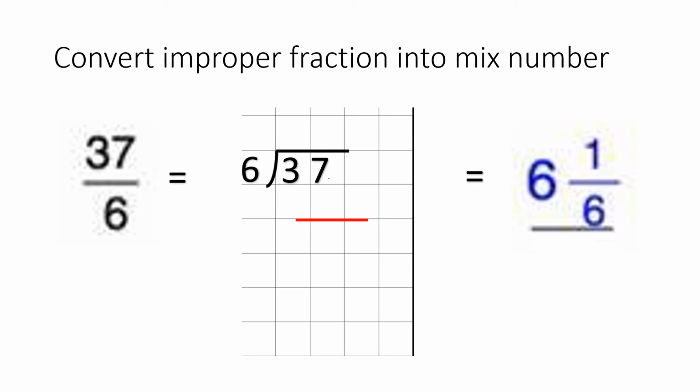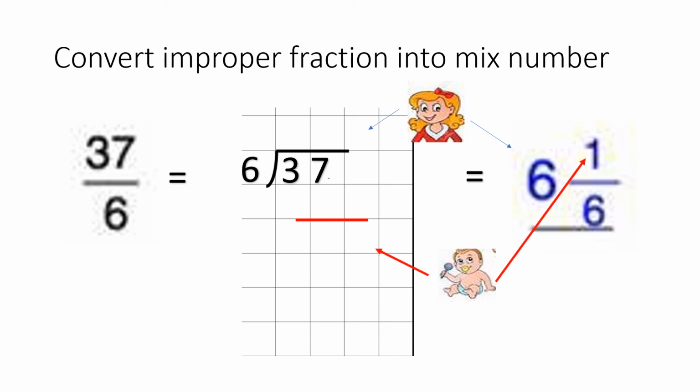Now you have 37 divided by 6. Mommy, whole number. The remainder is the numerator. The divisor is your dad.